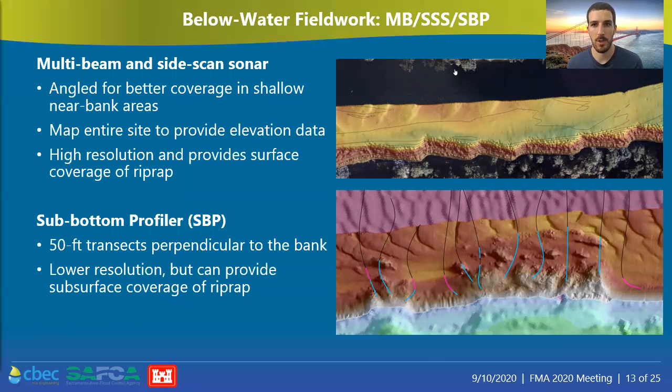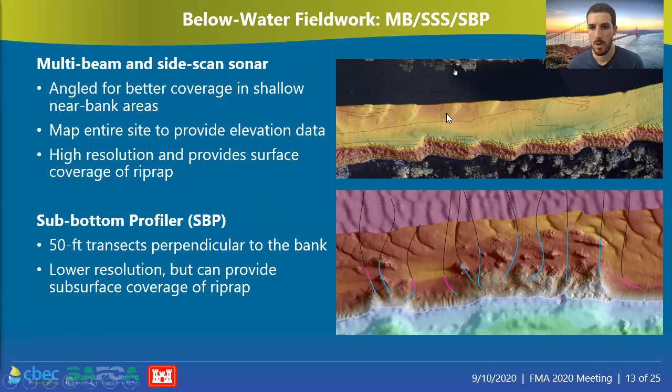For the below water field work, the multi-beam and side scan sonar was captured across the entire site in order to provide elevation data and slope data, as well as use the high resolution nature of the data to map out the extent of the surface riprap. So with side scan sonar, you can use the intensity of the return to map out the surface revetment.